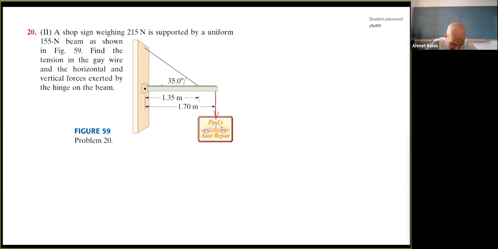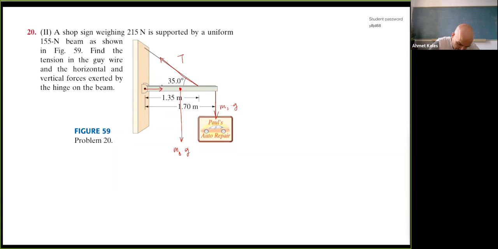So I'm going to call it shop sign times G. And there is somewhere in between here, I guess this beam has some M beam times G. So here there is T, and there is the force on the hinge, and I want to break it into its components.